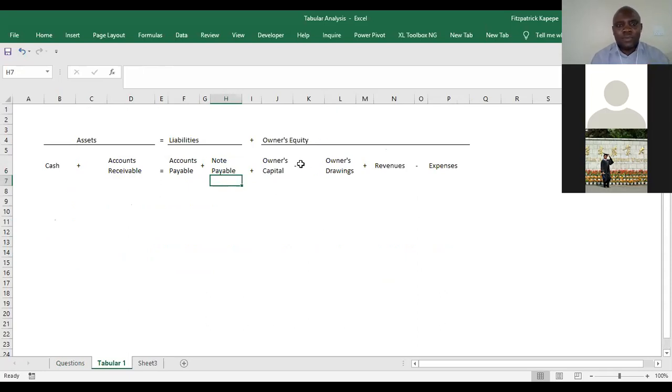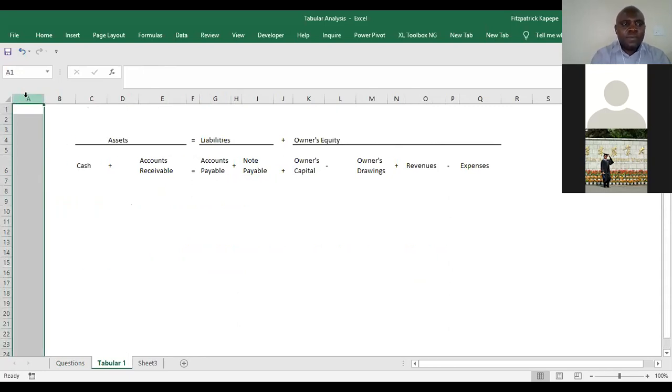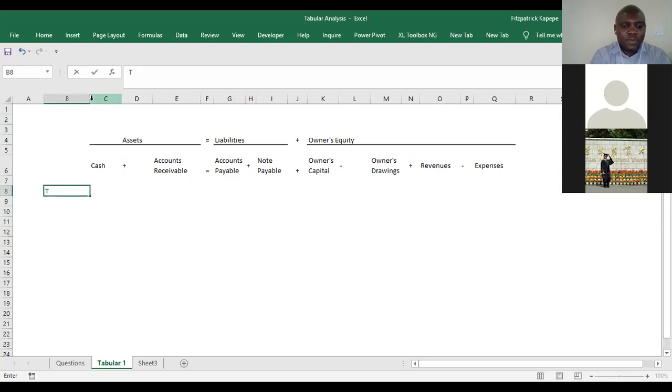Okay. So we have the owner's equity. Under owner's equity, this is where everything sits. So we can now start, guys. So transaction number 1, what is there? T1, T2.